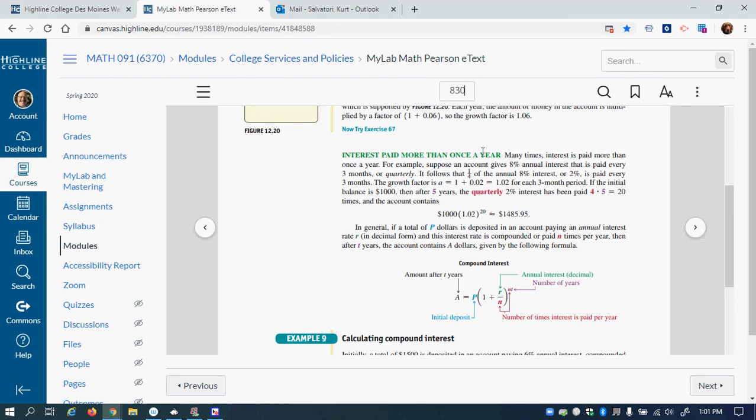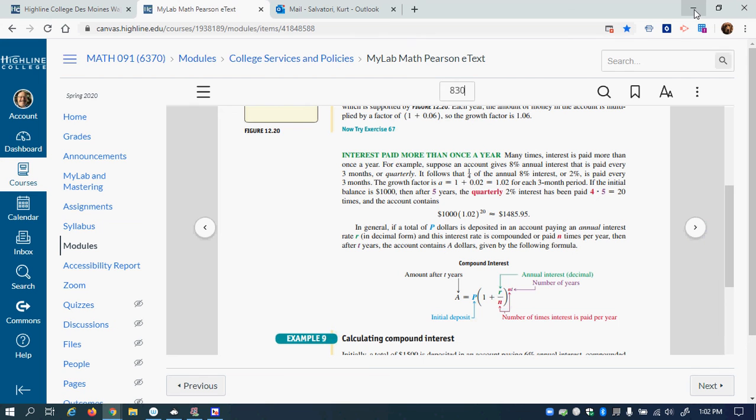So that's something that changes, and we have a new formula for this. It's now going to be the interest divided by how often it is paid, and then it's also n times the t, for the number of years of payments.